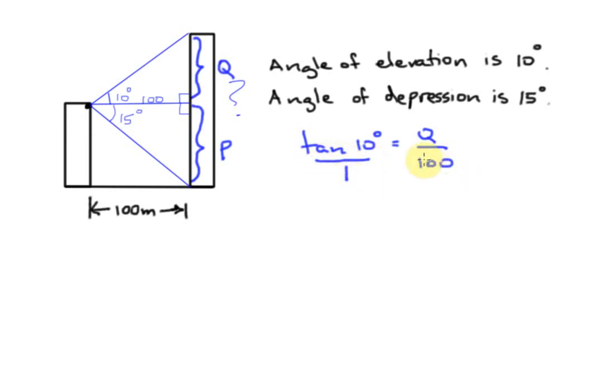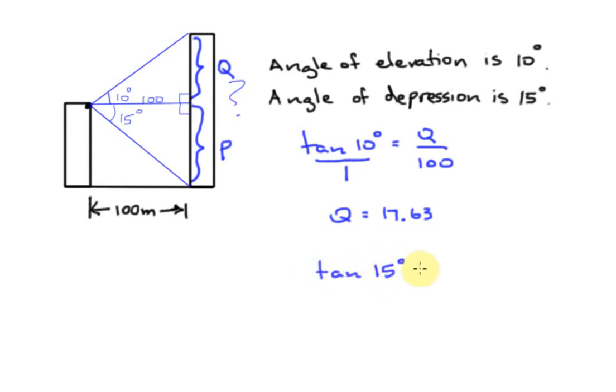So then I would cross multiply, so Q would equal 100 times tangent of 10. And I found that to be 17.63.